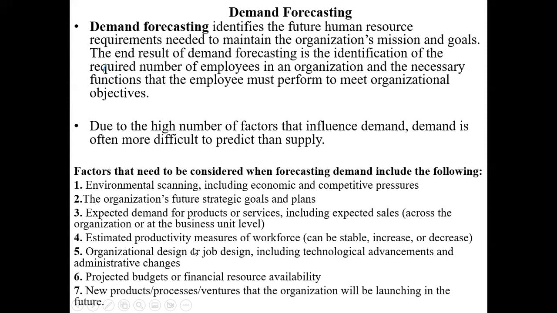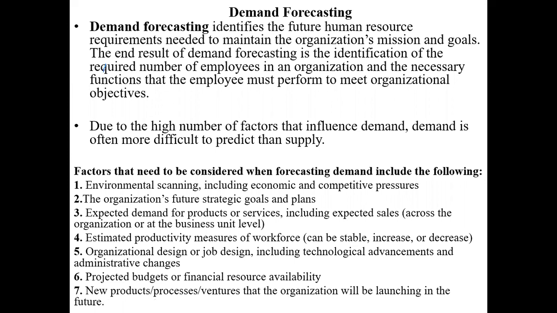Then the job design you intend to use, whether you are going to introduce some form of technology or there's likely to be some level of administrative changes, whether you are going to adopt some sort of job rotation, enlargement, enrichment, and so on and so forth.